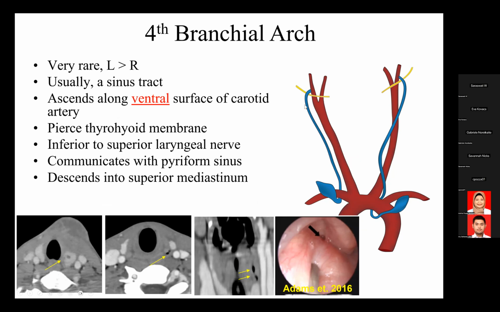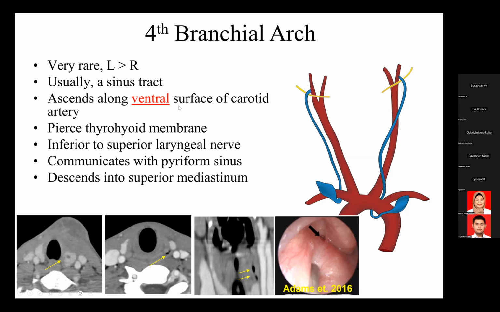And so the course of the fourth branchial arch has a course similar to this. So embryologically, the fourth branchial arch has a course that crosses under the right subclavian artery on the right and the aortic arch on the left. So therefore, embryologically, the fourth branchial arch and the fourth branchial anomaly should extend inferiorly into the mediastinum.